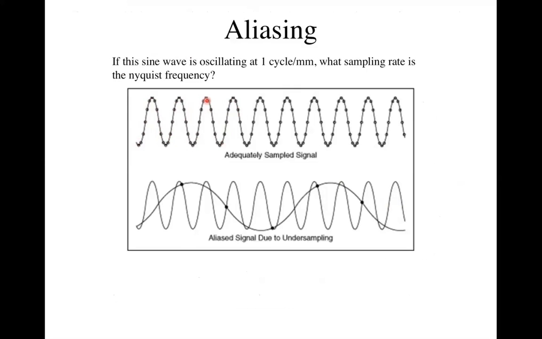How would you need to sample if this thing is cycling at 1 full cycle per millimeter? What sampling rate do you need to hit the Nyquist frequency? At this point, I hope that you can just answer that with common sense. I know it's a little early maybe for common sense, but give it a shot. Give it a try.